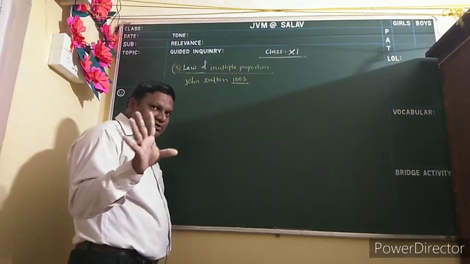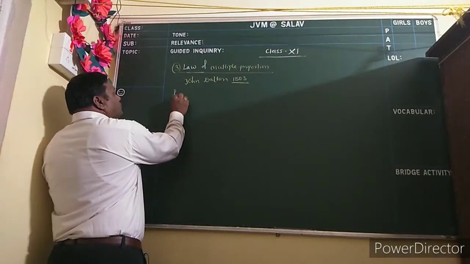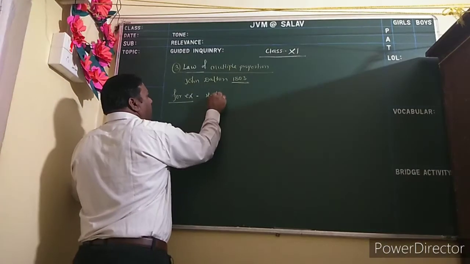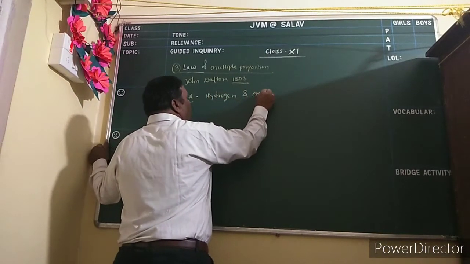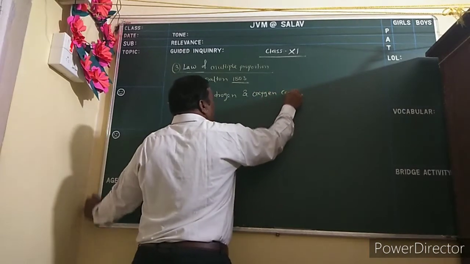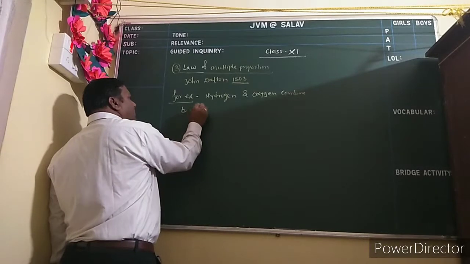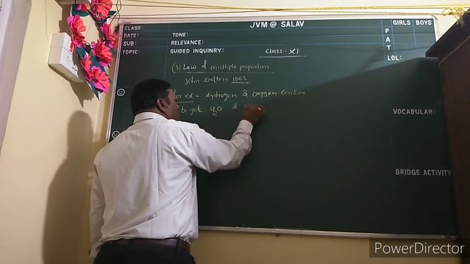Is it clear, the terms? Suppose, just for example, hydrogen and oxygen combine to get H2O and H2O2.